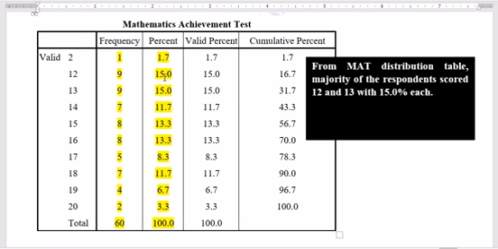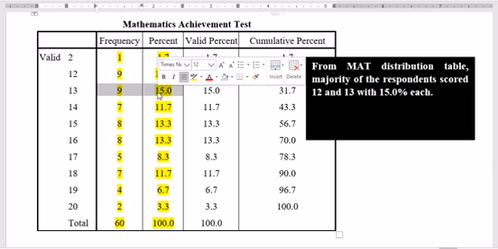And from here I can conclude, from the mathematics achievement test, that the majority of respondents scored 12 and 13. Why? Look at 12, you see now, it is 9 and 15. Look at 13, you see now, 15%, and there's no one that is up to that. That's what we have here.